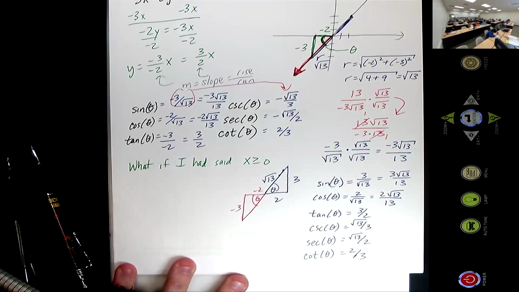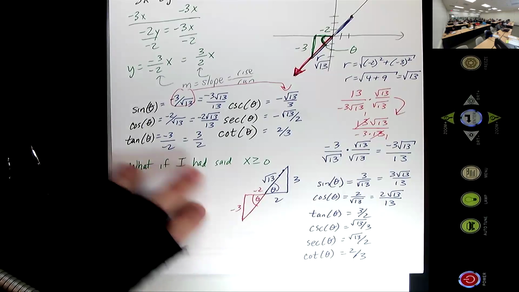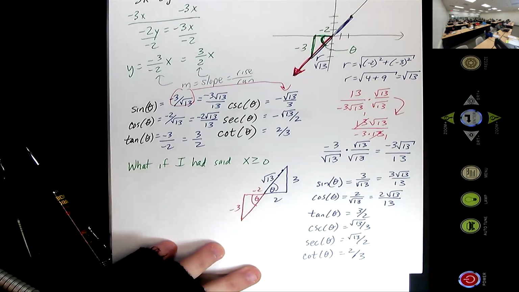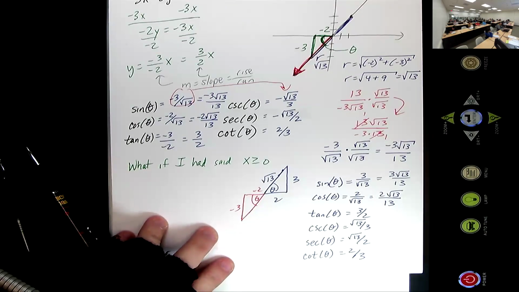Notice anything between these two triangles? Not quite opposite, some of them have opposite signs, but not all of them. Tangent and cotangent haven't changed signs. The radius is the same on both, and the values look pretty close too, don't they?